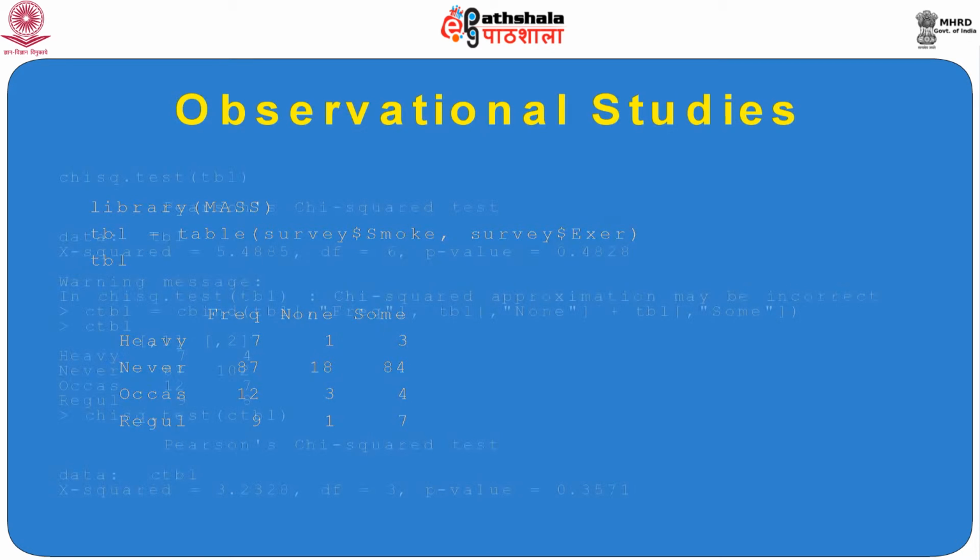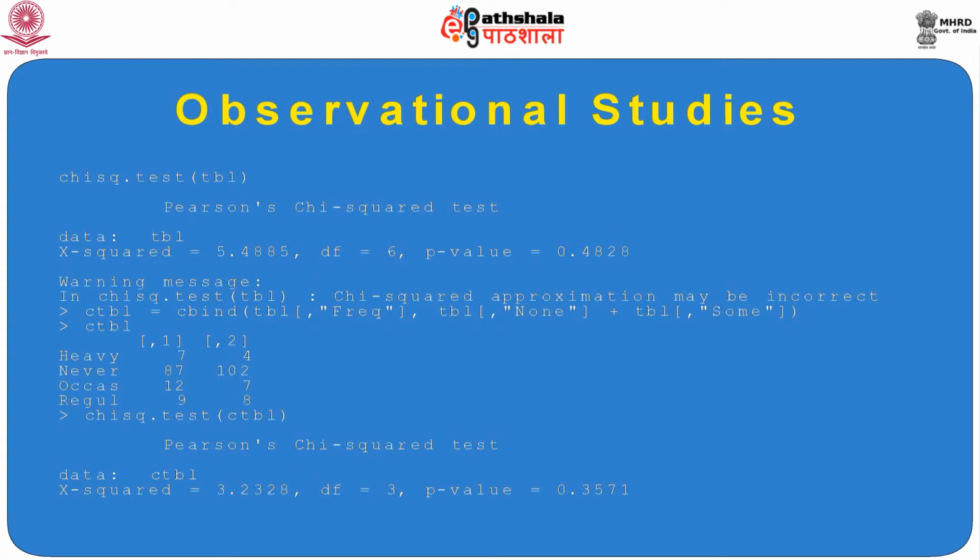Now we will go for the chi-square test for this table, and Pearson's chi-square test will be obtained. If you put chisq.test with TBL, it will give us the chi-square test value.